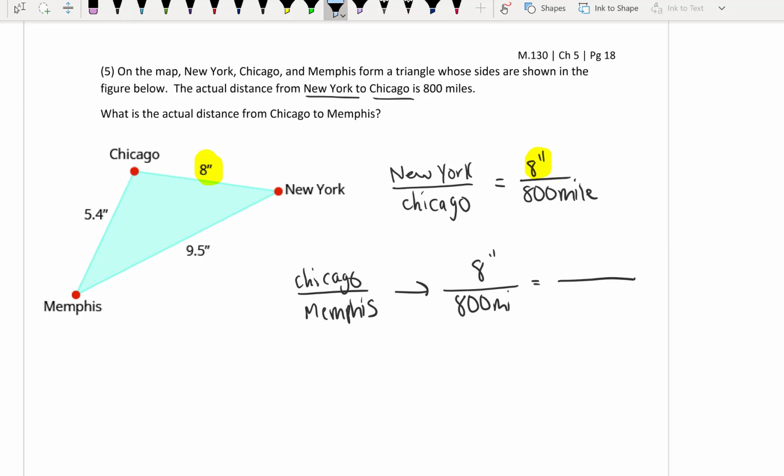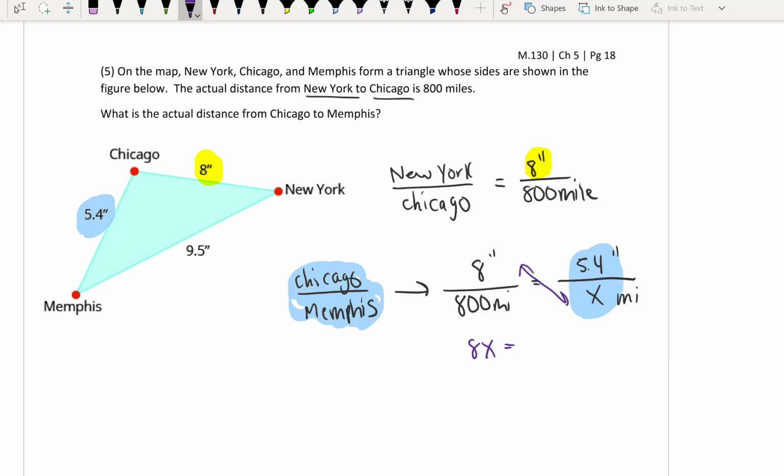But now my new fraction, which is going to represent my Chicago to Memphis, is going to be located here, that 5.4. So now I'm going to have 5.4 inches, and it's x miles long. I'm not sure. So we are going to do a cross multiplication.